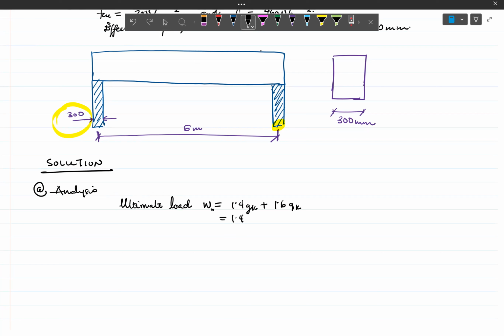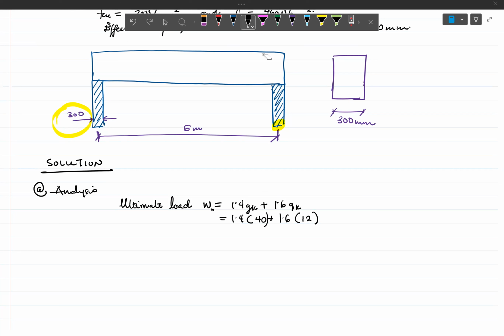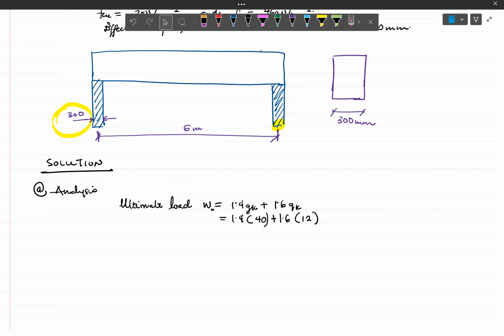So then this will be 1.4 times the G, which is giving us 40, plus 1.6 times 12. That is the imposed load. So when you do this calculation, we get 75.2 kilonewtons per meter.